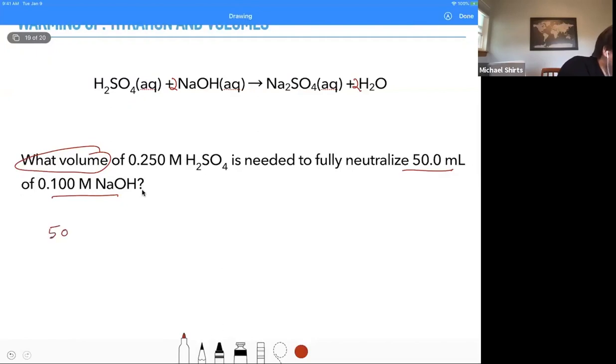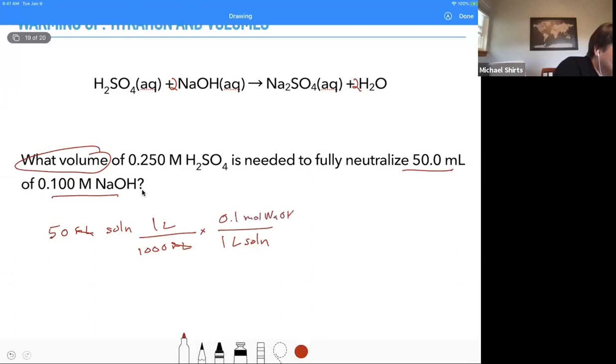So 50 milliliters of our solution, 1,000 milliliters, 1 liter, times 1 liter solution, and 0.1 moles sodium hydroxide.